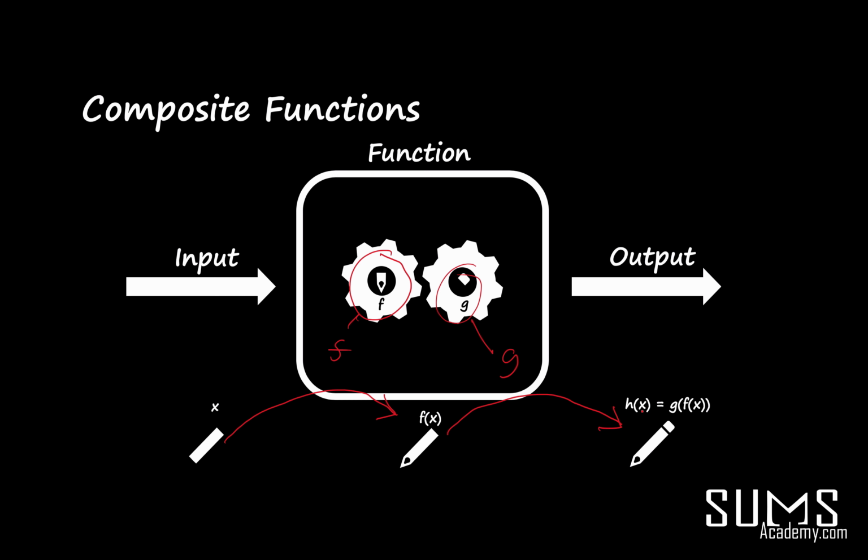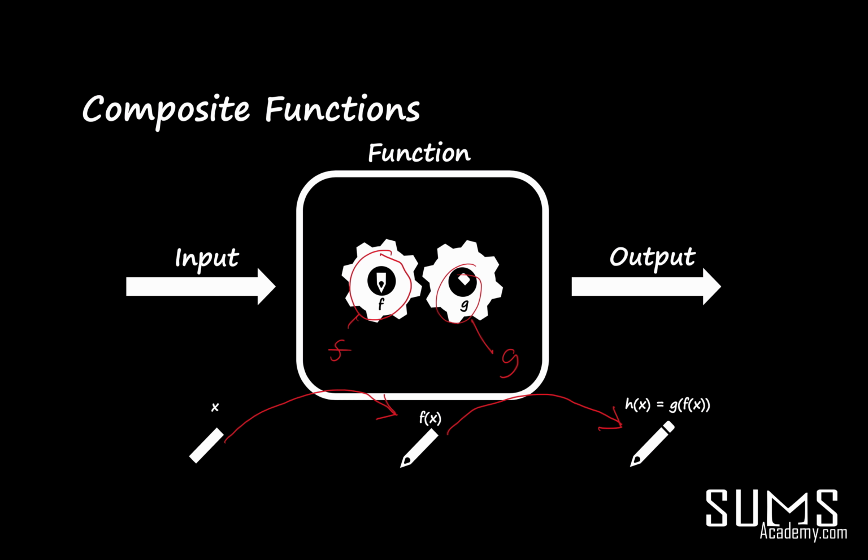It would be called H. So H is the composite function of G and F, and the input is X. This is read as G of F of X. Sometimes the wording of it can be a bit more confusing.